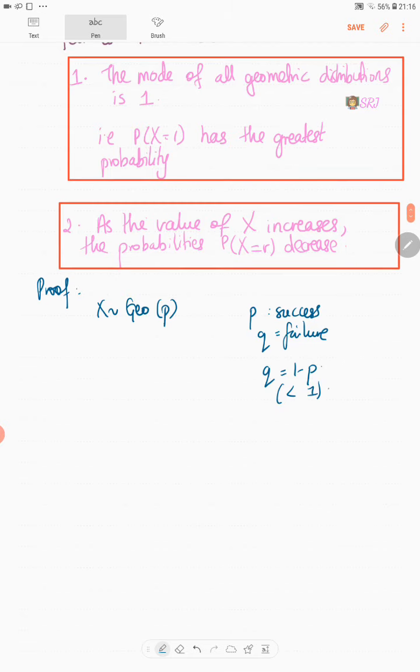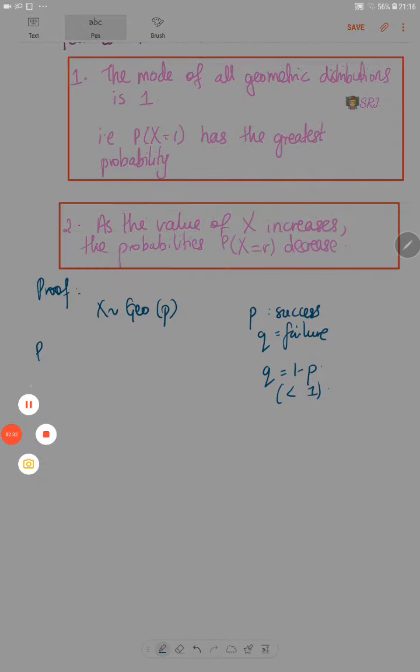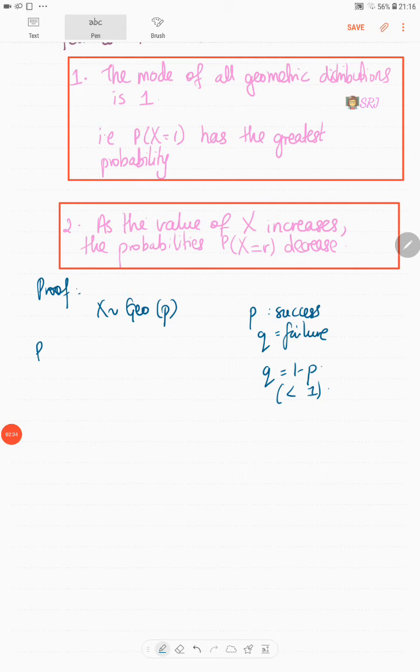So now we consider the probabilities. First of all, we consider probability X is equal to 1. As we saw earlier in the previous lessons, this probability is P, that is first success is obtained on the first trial.